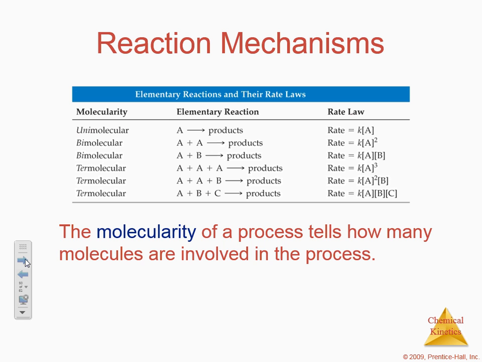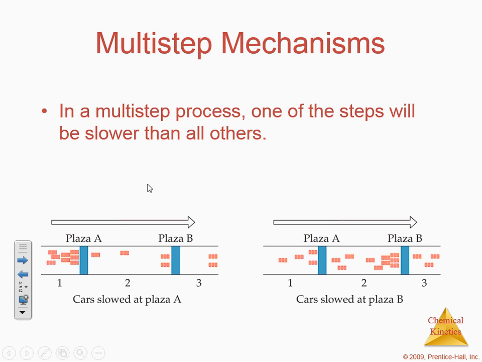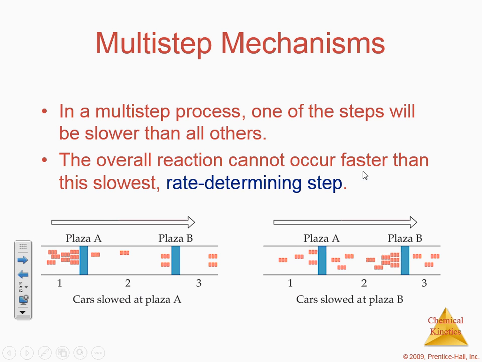But I want to expose you to this: in multi-step reactions, usually one of the steps is pretty slow, and one of them is much faster. However, the overall reaction cannot occur faster than the slowest step.